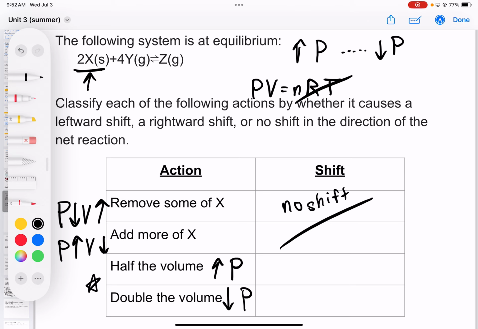We can't do that by just removing stuff. So what we do is we shift the reaction, or the reaction shifts on its own, to go to whichever side has the least number of moles of gas. So in the first example, decreasing the volume increases the pressure. How do we decrease that pressure?